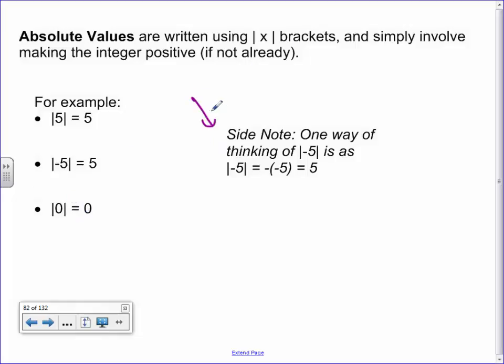This is probably the most important thing that you need to know. Here's a way of thinking about the absolute value of a negative number. Mathematically, the absolute value sign is an operation. The way the operation works is it's an if-then operation. Think computer code: if you see this, this is what you do. So if you see a positive number, leave it.